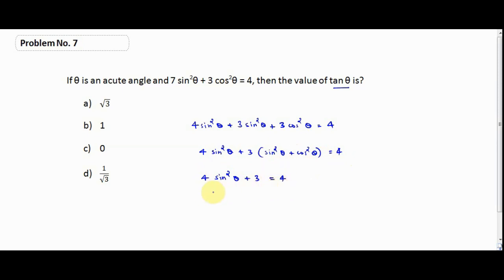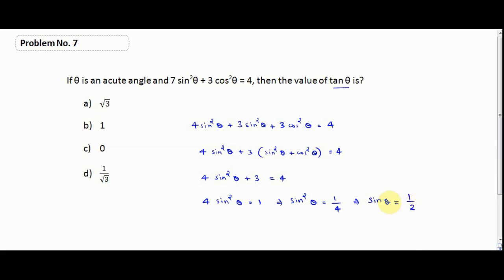Now let's simplify this. Take this 3 to the right hand side, so we will get 4 sine square theta equal to 1. So this implies that sine square theta is equal to 1 by 4. Now let's take the square root on both the left hand side and right hand side. So this will reduce to sine theta equal to 1 by 2.